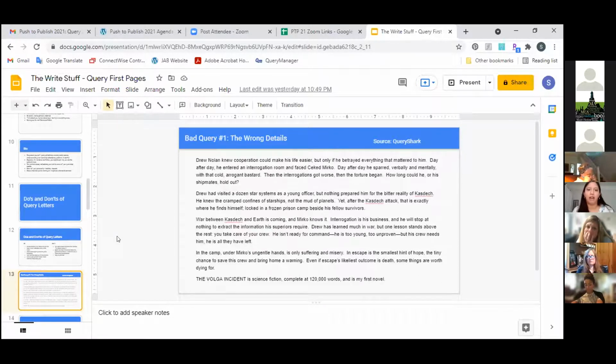Then the second paragraph switches to something about his past: he's a young officer, he's visited tons of star systems, he's on this place called Castic. I don't know where this is exactly, he's in a prison camp. Then in the last paragraph, we suddenly switch point of view to Mirko, the guy who was interrogating him. And then it goes back to Drew, that he learned much in war.